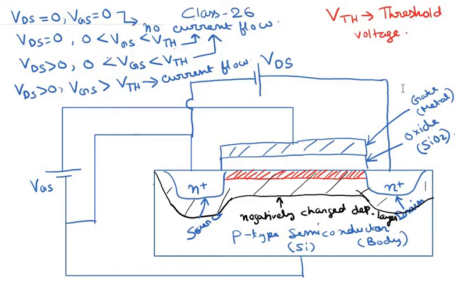This thin layer of mobile electrons is called the channel or the inversion layer. And since this layer consists of mobile electrons, it is known as an N channel, or N type channel, and from there this kind of MOSFET is called an N channel MOSFET.